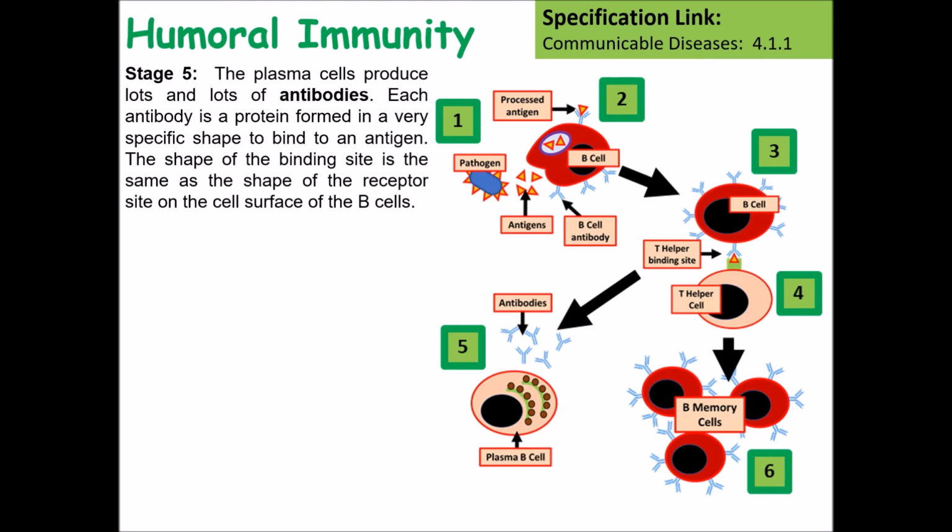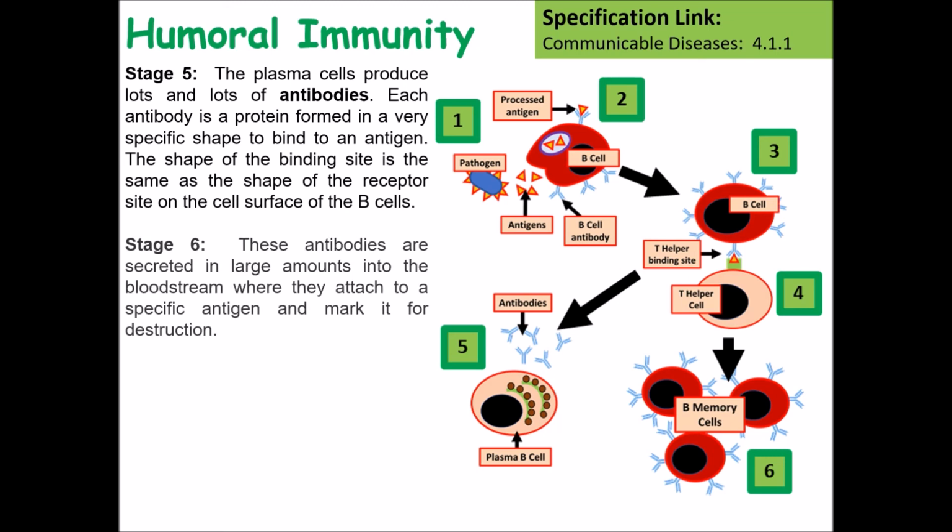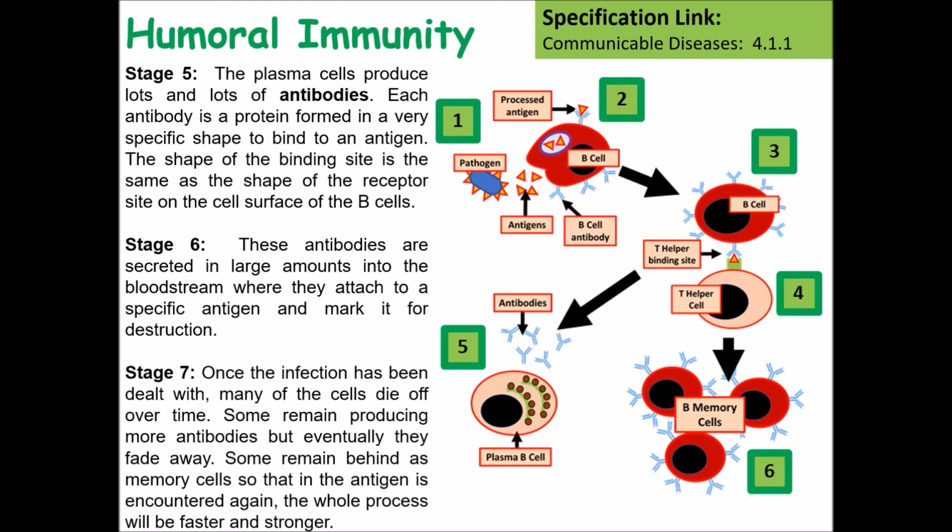The shape of the binding site is the same as the shape of the receptor on the surface of the B cell. These antibodies are then secreted in large amounts. Once the infection has been dealt with, many of these cells will die off. However, some of them will remain and become memory B cells, which form part of the body's long-term immune system.